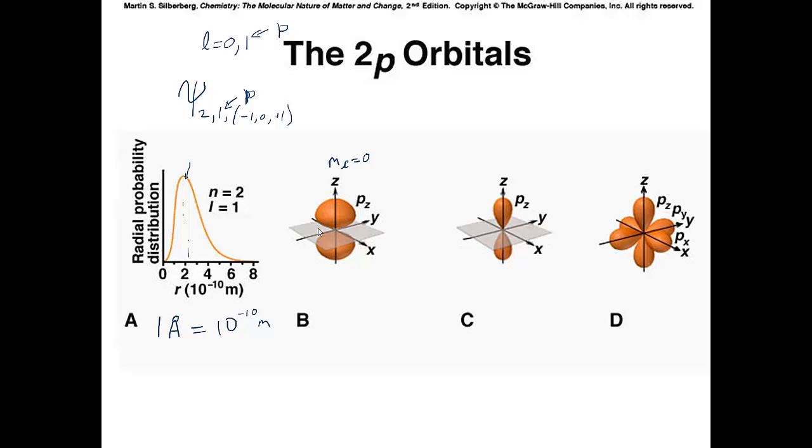So we lay down these 3 axes, an x, y, and a z-axis. And so this balloon shape is skewered by this z-axis. So for that reason, instead of calling this the m sub L equals 0 wave function, we're going to call it the pz function. Z because it's skewered by this z-axis. So we call that the pz function.